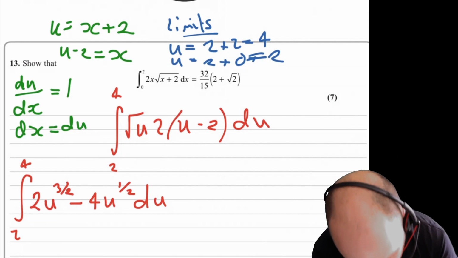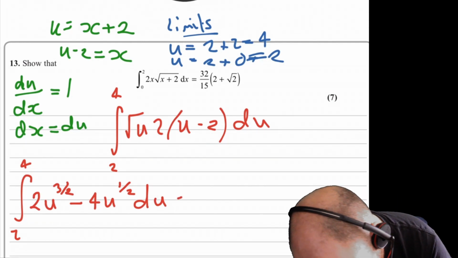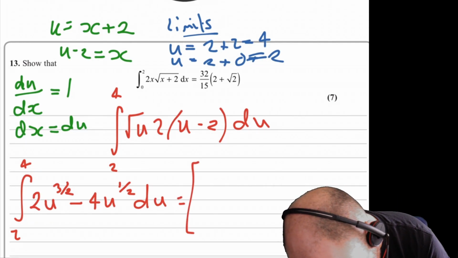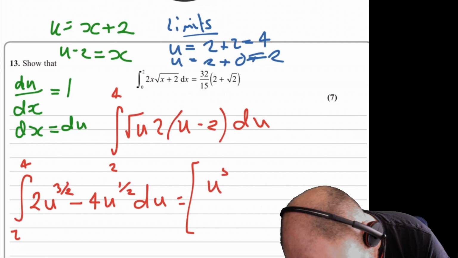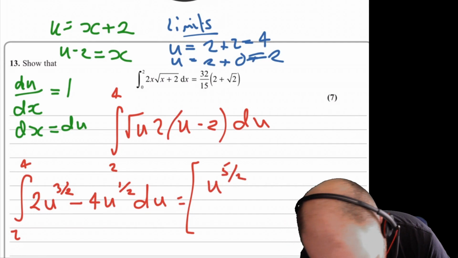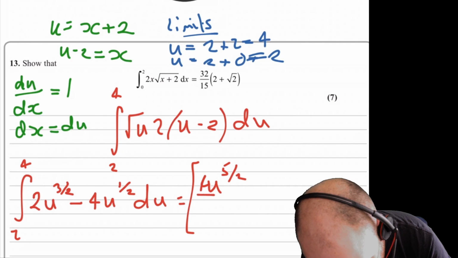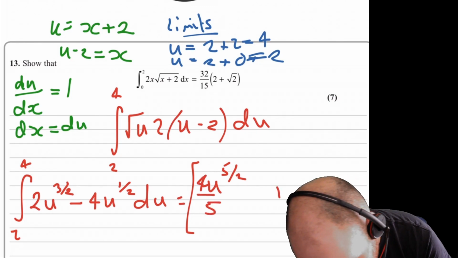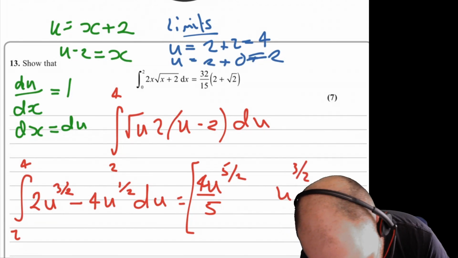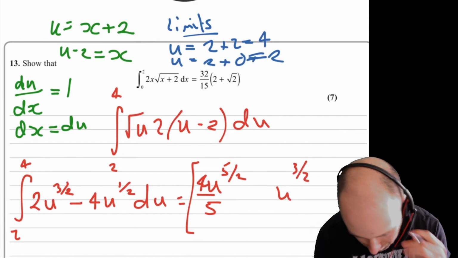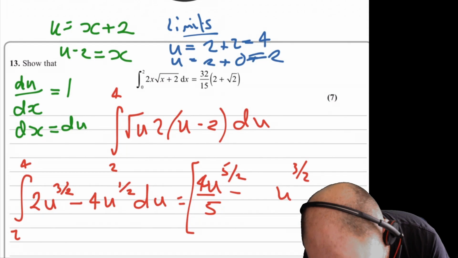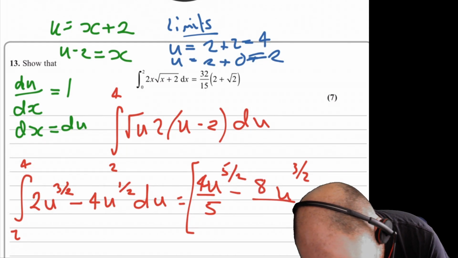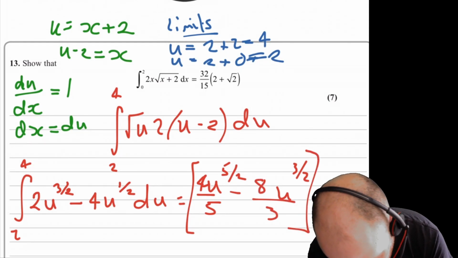So if you integrate the first term, we're going to get u to the 5 over 2 times 2/5, so we're going to get 4/5. That one. Second one, u goes to the power 3 over 2, and we're going to get 8/3 by the looks of it. There we go, 2 and 4.